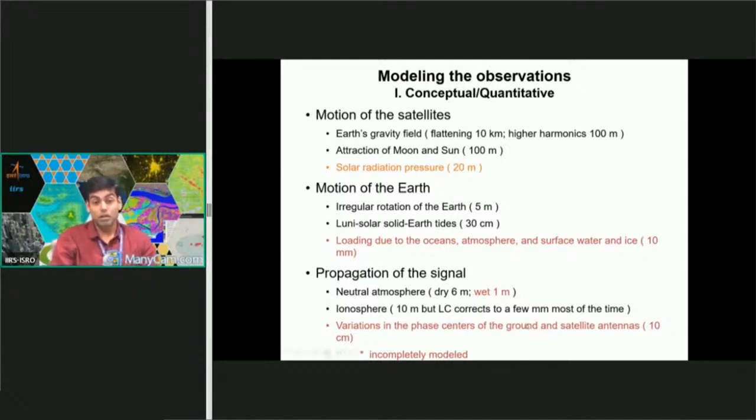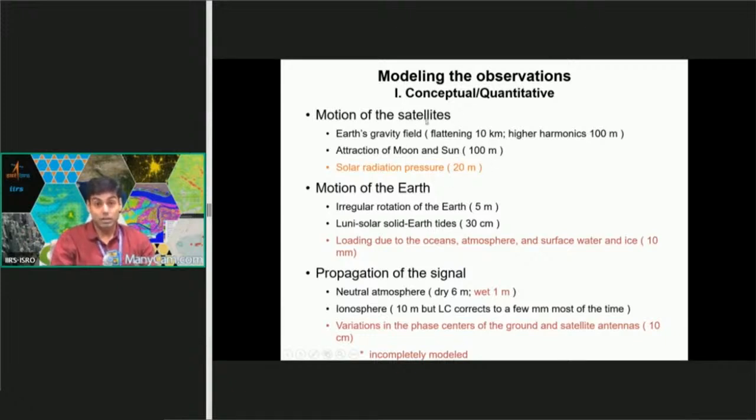When we are working with this modeling, there are so many motions, like motion of the satellites, motion of the Earth, and propagation of the signals. These are the different sources of errors. Motion of satellites can be induced by the Earth gravity field, attraction of the moon and sun, and solar radiation pressure.